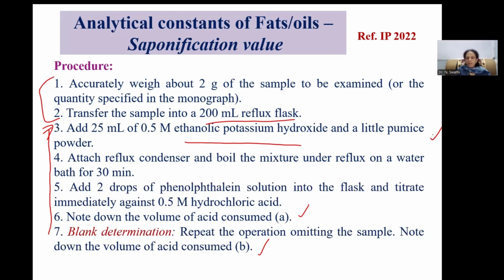Now what is the end point of the titration? When you add phenolphthalein indicator, what is the pH of the solution? There will be excess potassium hydroxide left over. Due to the presence of excess potassium hydroxide, the pH of the medium becomes basic. In the presence of basic medium, phenolphthalein shows pink color. That means whenever you add phenolphthalein indicator to the reflux flask or conical flask, the solution immediately becomes pink.